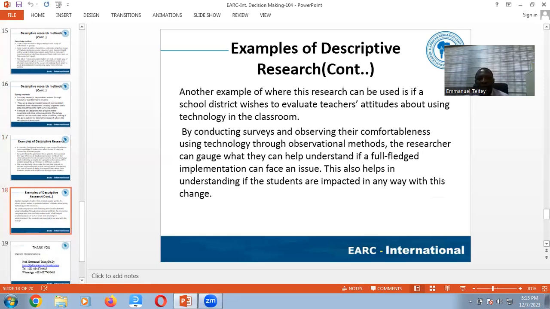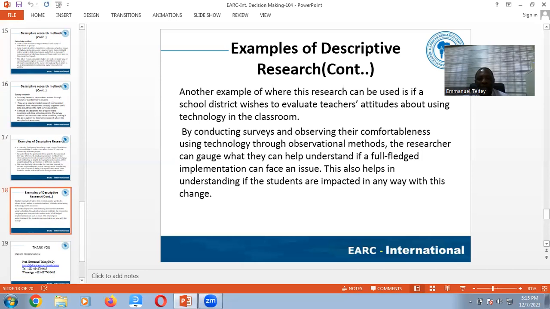Examples of descriptive research. Another example of where this research can be used is if a school district wishes to evaluate teachers' attitudes about using technology in the classroom. By conducting surveys and observation, they can see whether teachers are comfortable using technology.